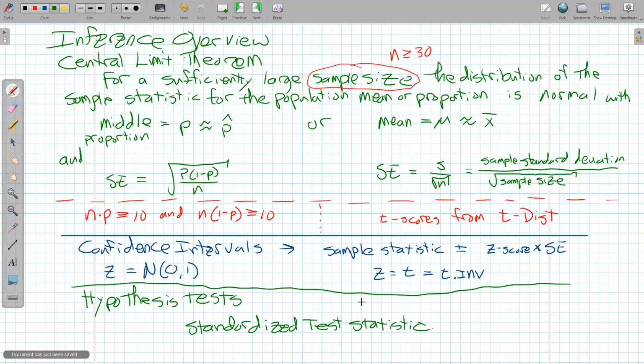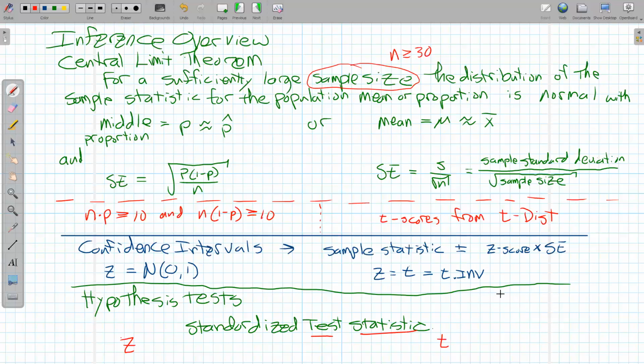Sometimes it's just called the test statistic versus the sample statistic. And that's either a Z or a T score. For a proportion we would call it a Z, and for a mean, we call it a T.